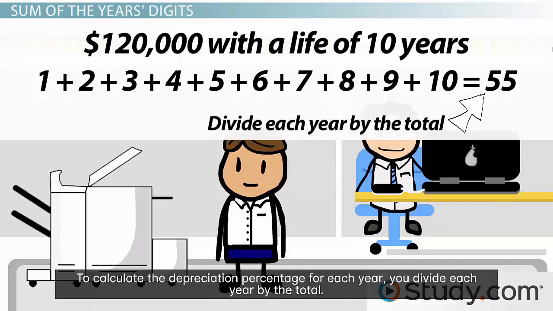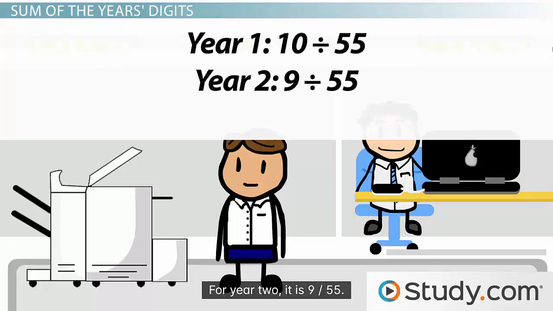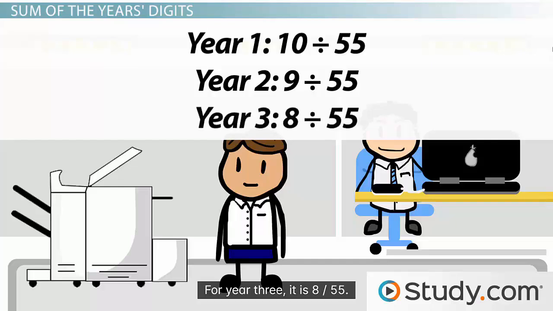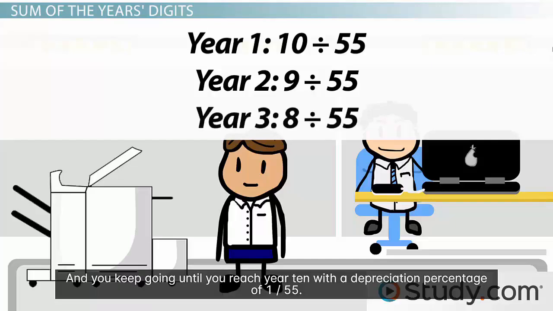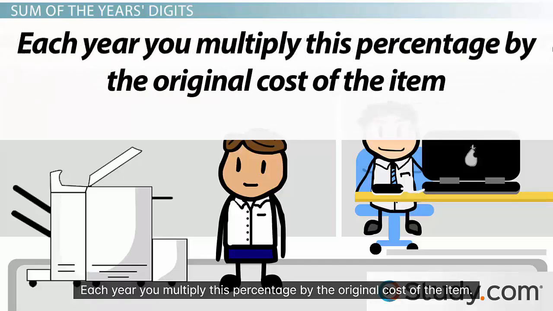To calculate the depreciation percentage for each year, you divide each year by the total. So for year 1, the depreciation percentage is 10 divided by 55. For year 2, it is 9 divided by 55. For year 3, it is 8 divided by 55. And you keep going until you reach year 10 with a depreciation percentage of 1 over 55. Each year you multiply this percentage by the original cost of the item.